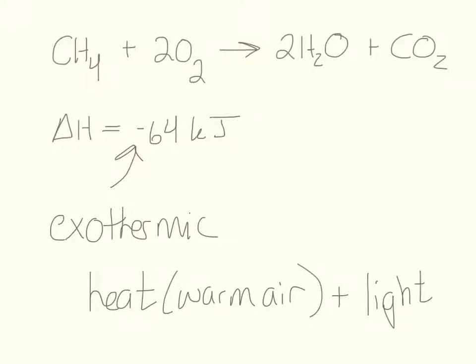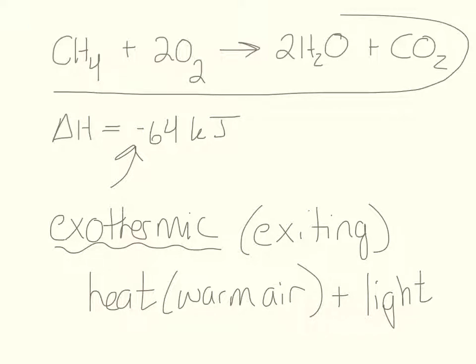It's energy being expelled in the form of light. So we know this reaction is exothermic because energy is exiting our system. We would say it is leaving, it is negative, it is no longer in our system, the system being just these chemicals here. So negative 64 kilojoules are leaving our system.